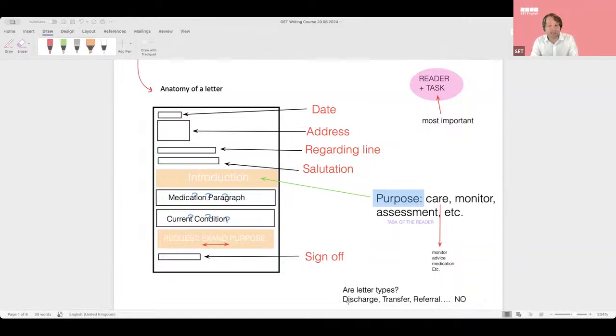You only need to think about the reader and the task. Trust me, I've been teaching OET a long time. Letter types confuse nurses and doctors, everyone. They get stressed and confused when they think about letter types. You only need the reader and the task. Who's the reader? What's the task?